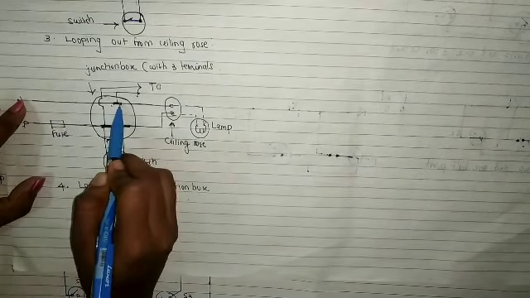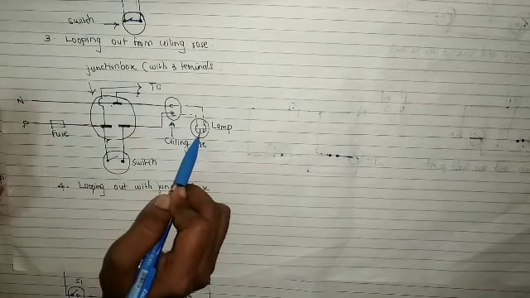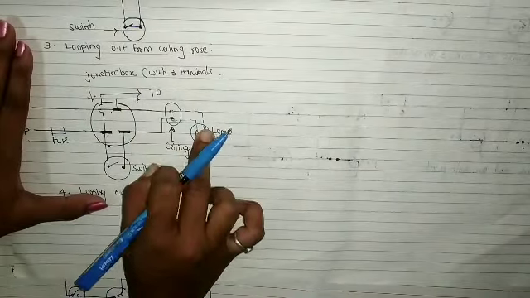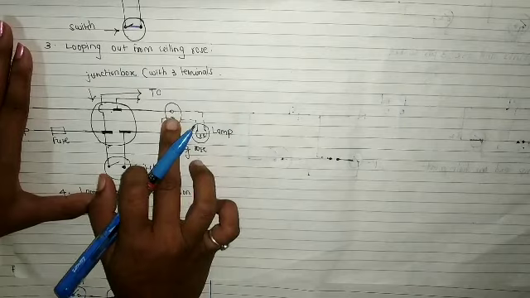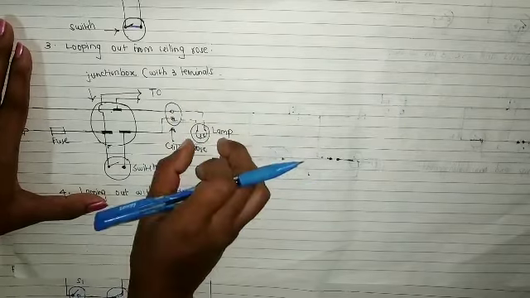And neutral, so you can see here neutral. So neutral is given to this point, and then to the ceiling rose, and then to the lamp. And this is junction box, this is a ceiling rose, and this is our lamp. So the ceiling rose has 2 points, phase and neutral, and from here we have to give it to the lamp.